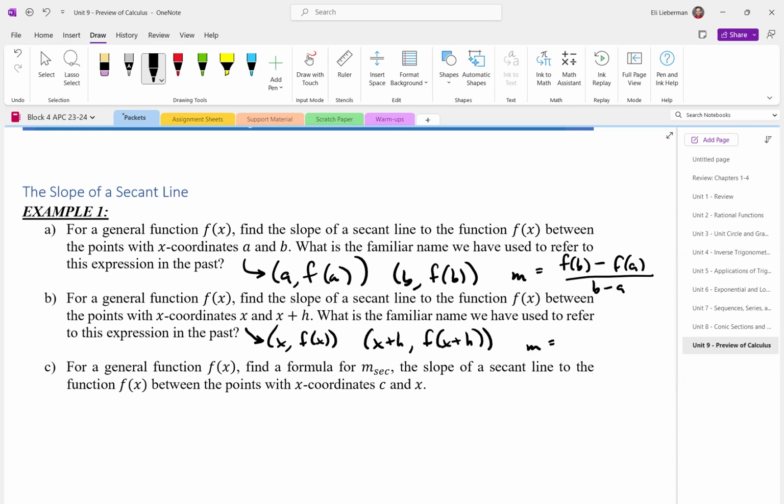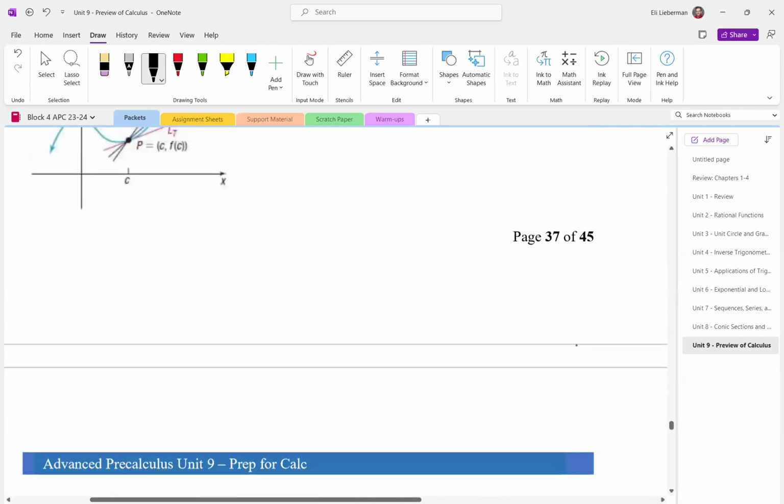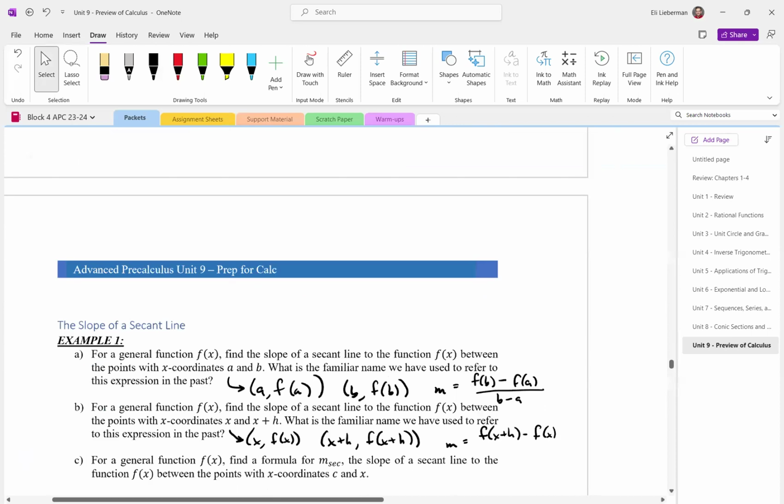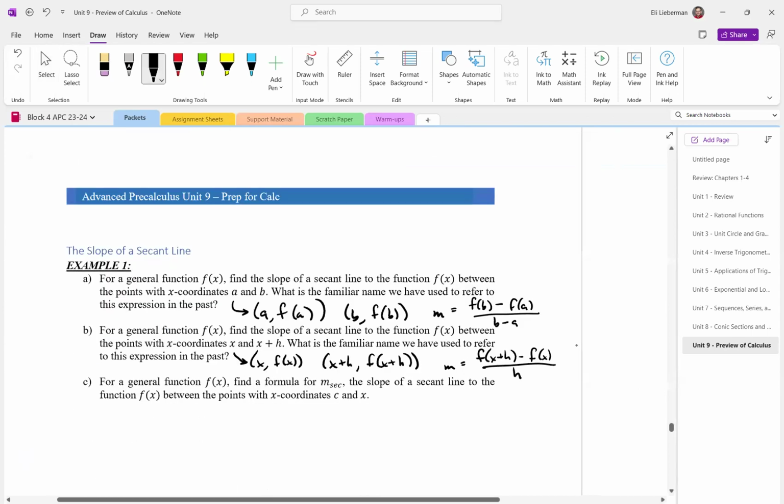Did you get it? Joanna, can you tell us what you got for the slope there, please? Just over h, you said? Is that true? Everyone is just over h? Yeah. Nicely done. Thank you very much.